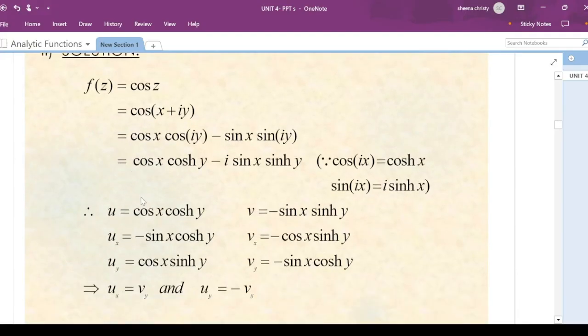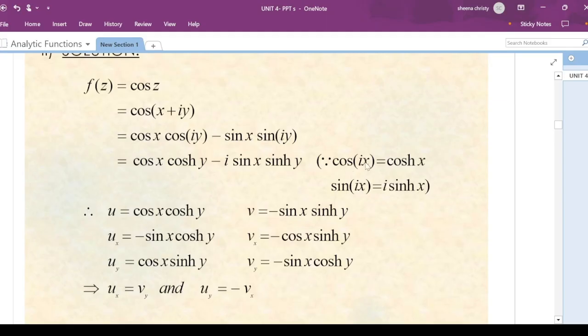Next, the function f(z) = cos z. So, how to find this? In cos z, replace z by x + iy. So, cos(x + iy) can be considered using the cos(a + b) formula: cos a cos b − sin a sin b. So, cos x cos(iy) − sin x sin(iy).